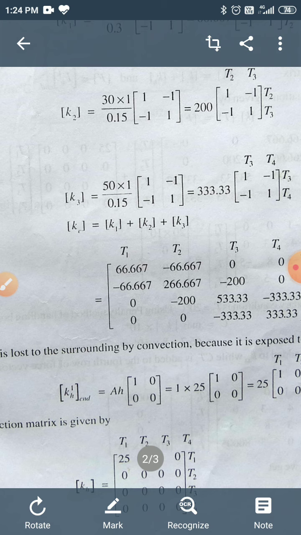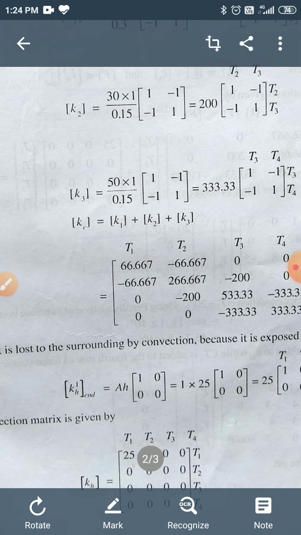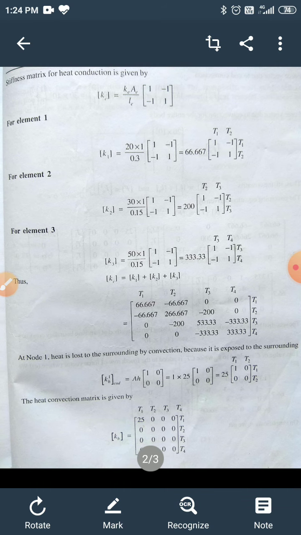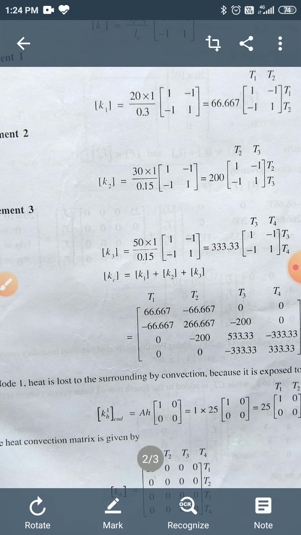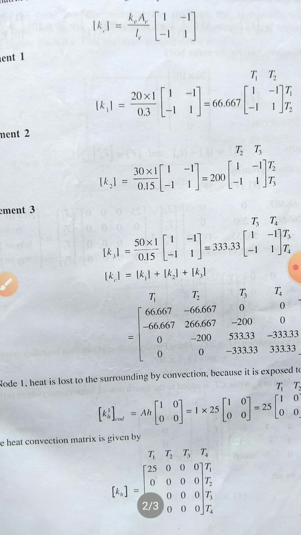Now this convection stiffness matrix we have to alter into the size 4 by 4, so it becomes 25 in the first element and zeros in all the others. So this is the stiffness matrix for the convection. The size of the matrix is 4 by 4.